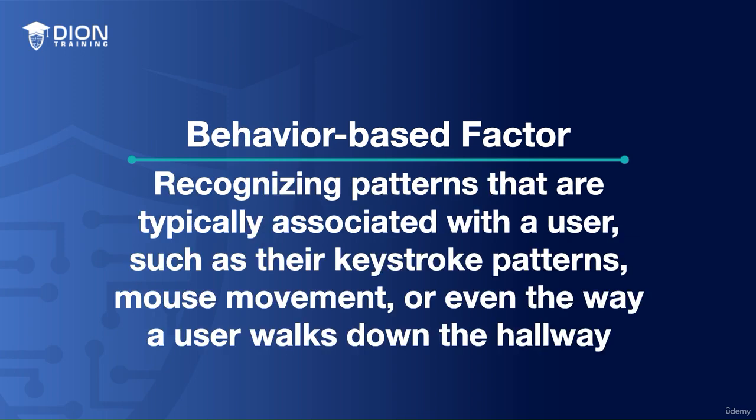Fifth, we have something you do, also known as a behavior-based factor. Something you do involves recognizing patterns that are typically associated with a user, such as their keystroke patterns, mouse movement, or even the way they walk down the hallway. Something you do is considered one of the newer categories that are used in multi-factor authentication systems, and it is often used as a secondary factor and is rarely used in a single-factor authentication system.